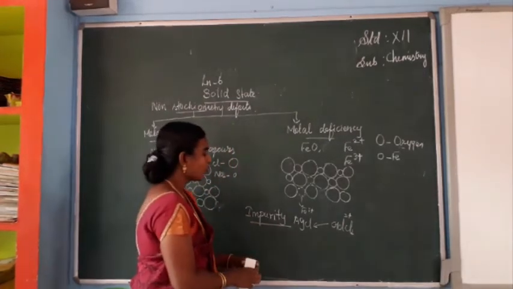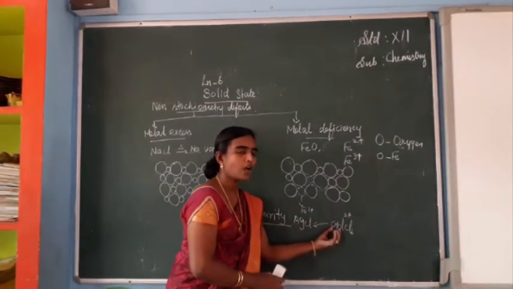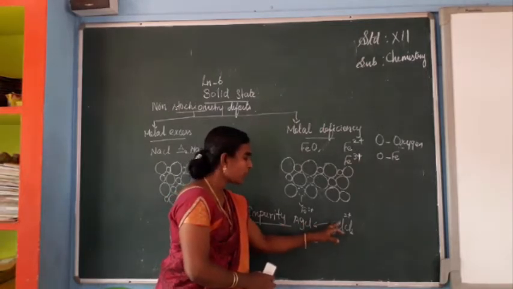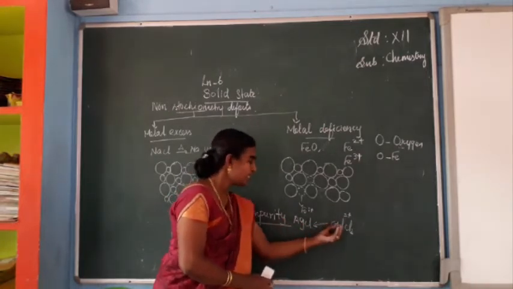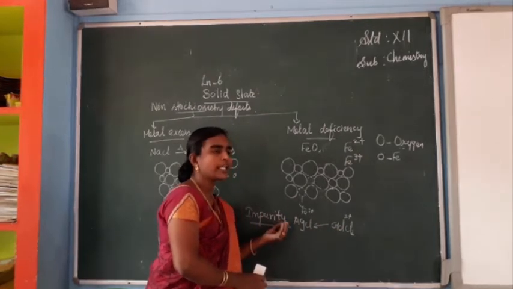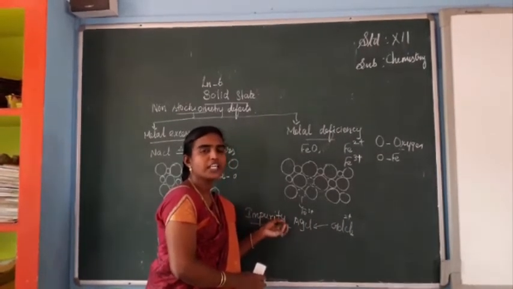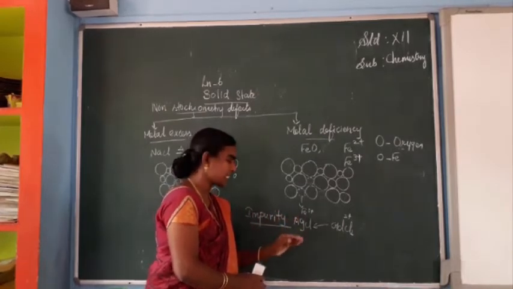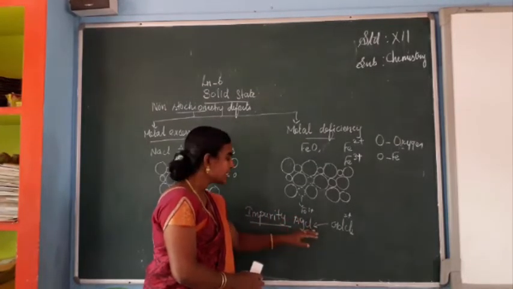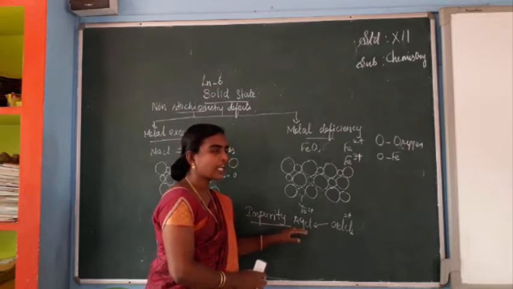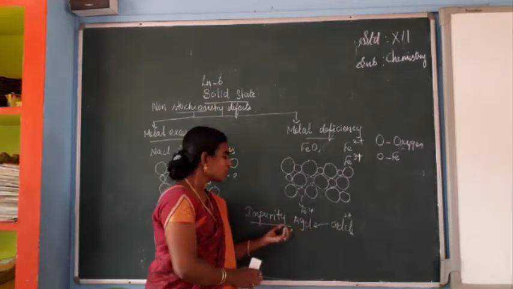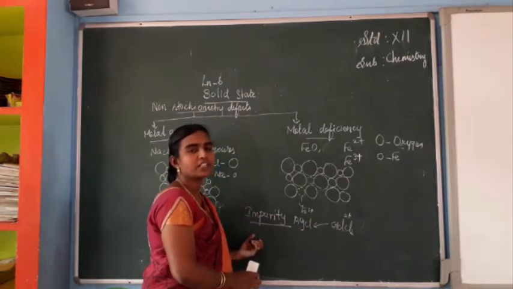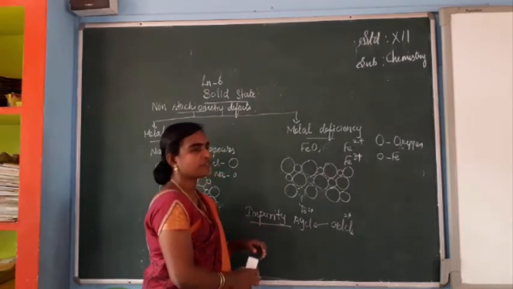This Gd2 plus occupies the position of Ag plus. Because of this variation, when Gd is occupied in the Ag plus position, one of the Ag plus ions moves out of the crystal. So after adding this impurity, AgCl gets a defect. Such a defect we explain as an impurity defect.